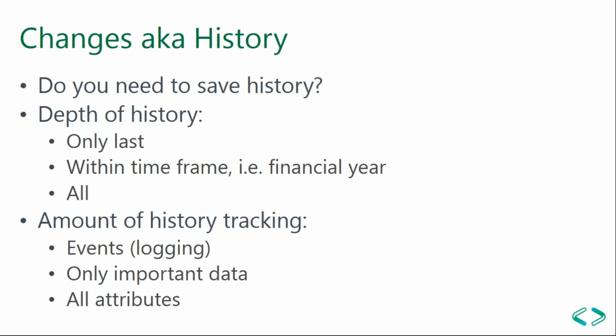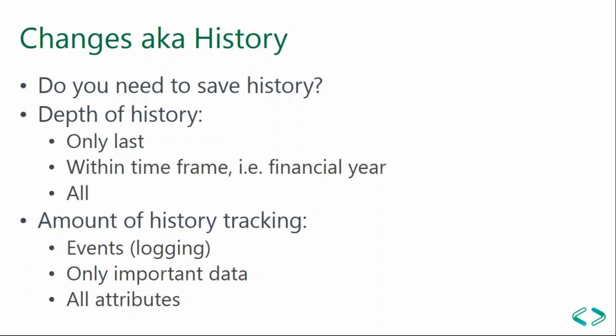So one of the most important questions that you need to ask from the business: do you need to have a history of what was 1 year ago, 10 years ago? The business should tell you how much history and how much data you need to save in your database.